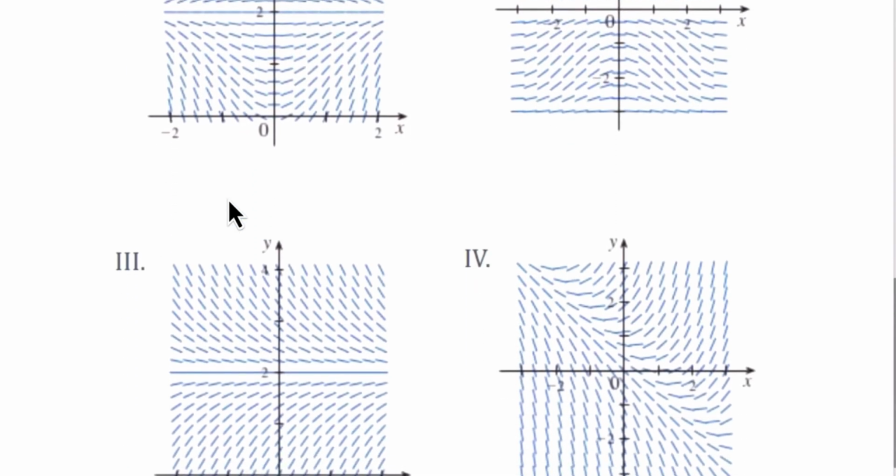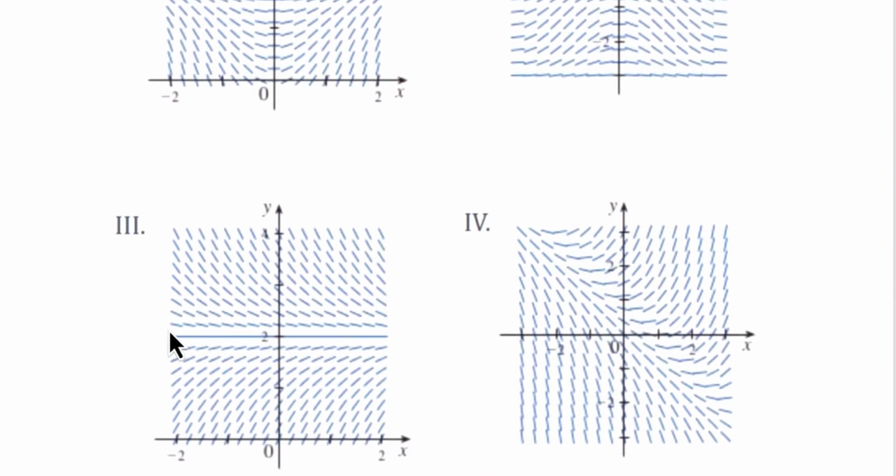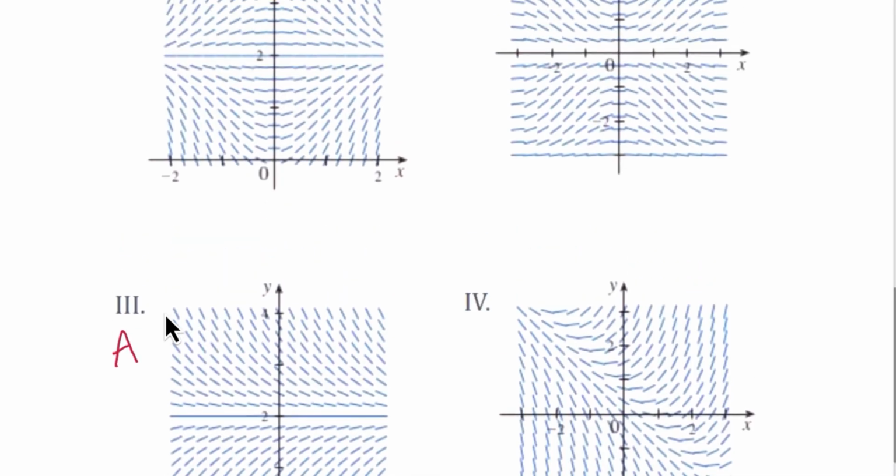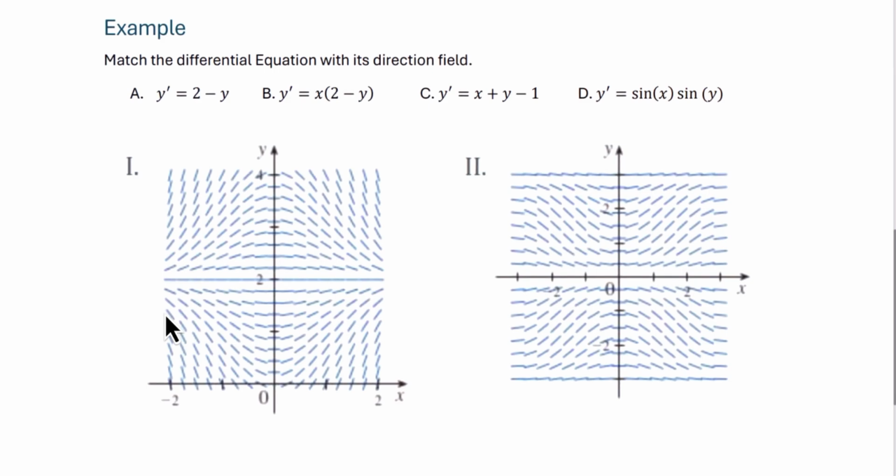Whereas if we go down here, notice that this line is parallel to the x-axis and all of those slopes are the same. Same thing here, we're parallel to the x-axis and all of those slopes are the same. So here we have A. So part A was graph 3.